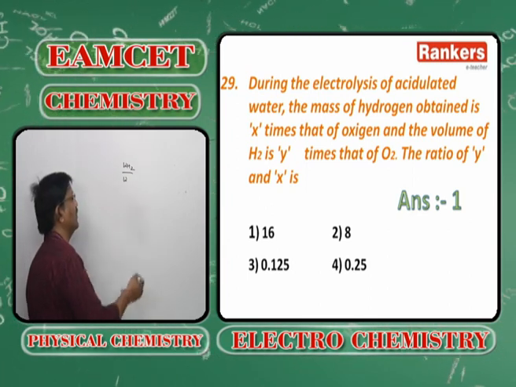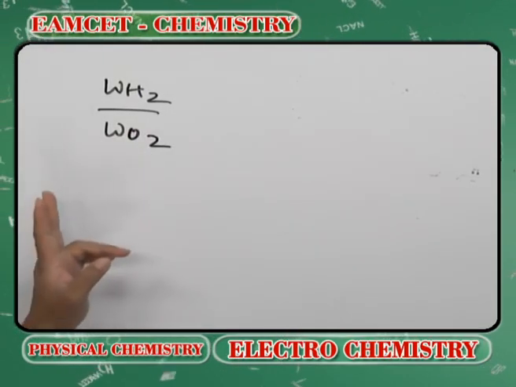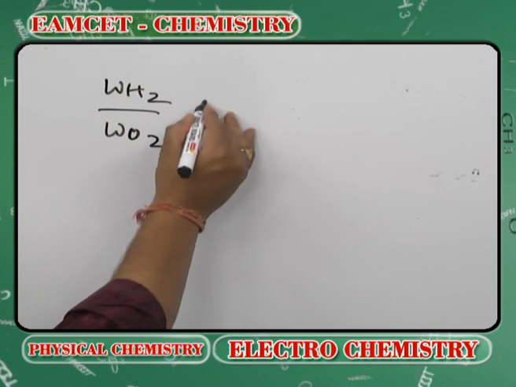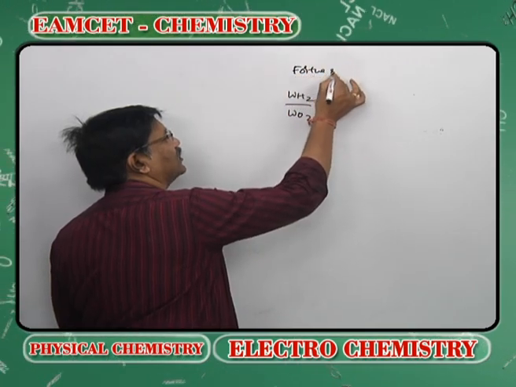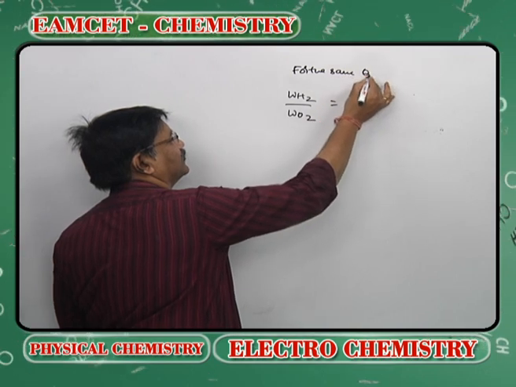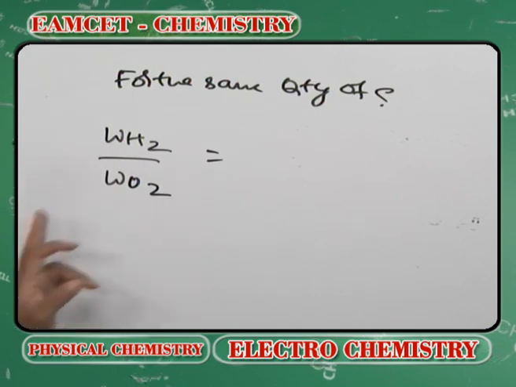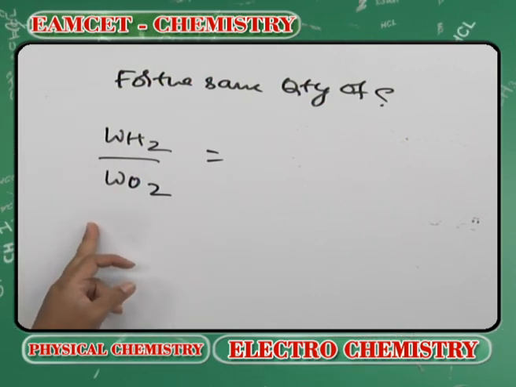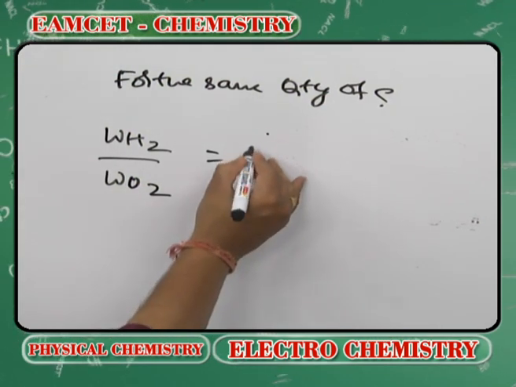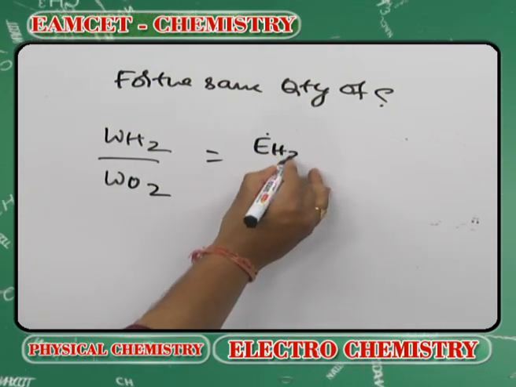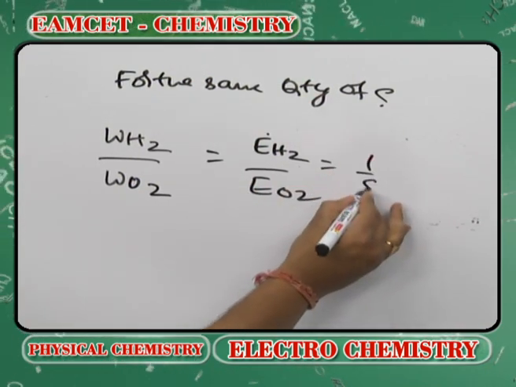Weight of hydrogen by weight of oxygen will be equal to equivalent weight of the hydrogen by equivalent weight of the oxygen, which is equal to 1 by 8.